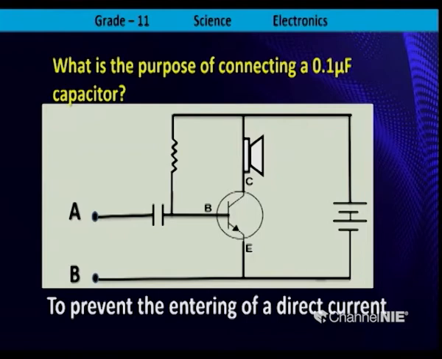The microphone gives AC signals. If direct current enters the circuit, noise may arise. As a result, we use a 0.1 microfarad capacitor here. Right. Let's do the activity.